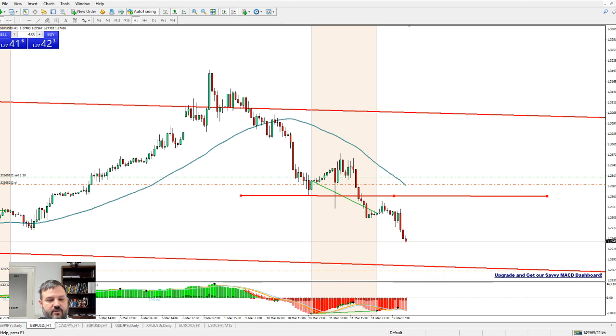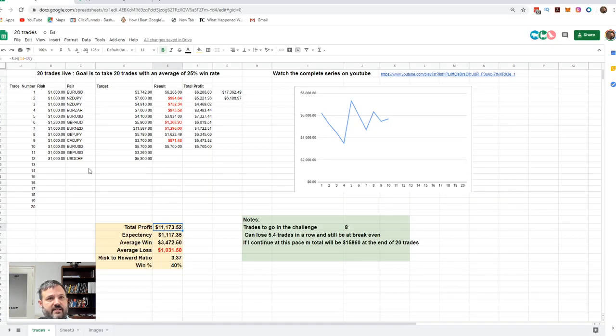And so if we look at this spreadsheet one last time, I have a total of 8 trades to go. So let's just adjust this now. So we know that I'm risking, how much am I risking? We're risking 1,000, right?